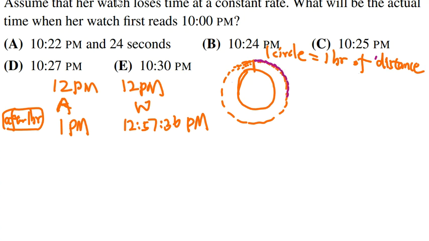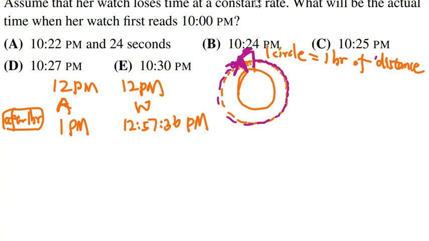Okay, this starts at the same time, but after 1 hour of real time, her watch stops here. So there is this gap between the actual time and her watch time, right? Actually, the time is the distance.